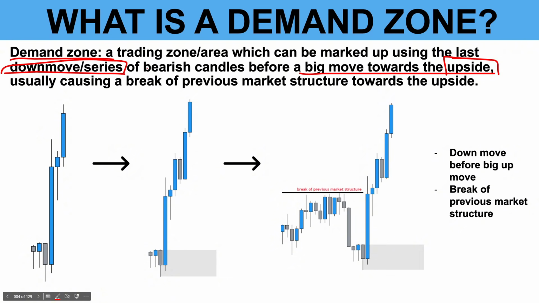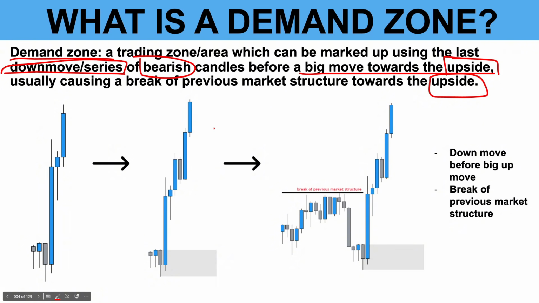Down move or series of bearish candles, usually causing a break of previous market structure towards the what? Towards the upside. So not towards the downside. So a demand zone is basically the flip opposite or the counter opposite of a supply zone. Hence why it's called a buy order block or a buying zone or anything along those lines.